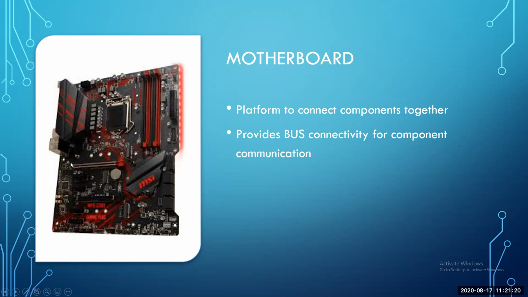Your GPU would go right here into this slot, or this slot right here. Your hard drive, solid state drive, your DVD, whatever, would connect in right here using SATA connectors. And then your network interface cards, so your Wi-Fi adapter, your Ethernet adapter, would go right here on this I/O panel. You can't see it, it's on the other side of this, but they are pre-installed on the motherboard.